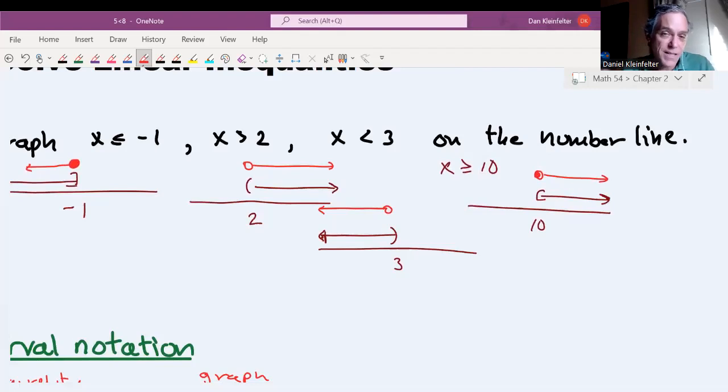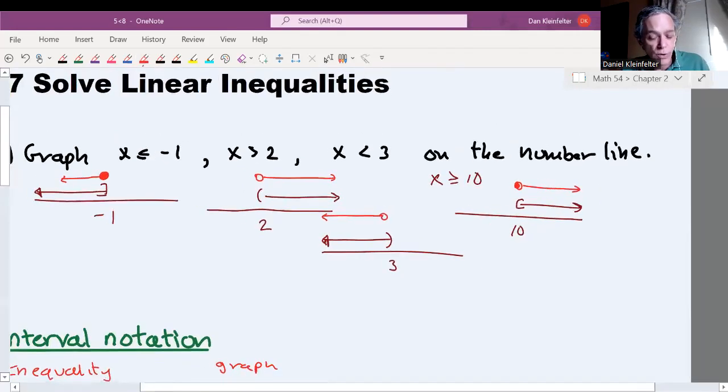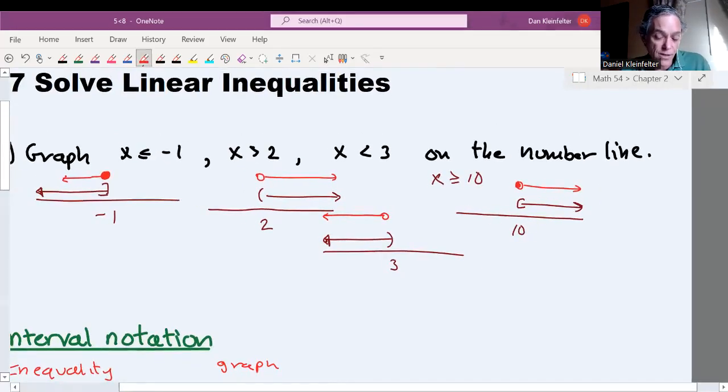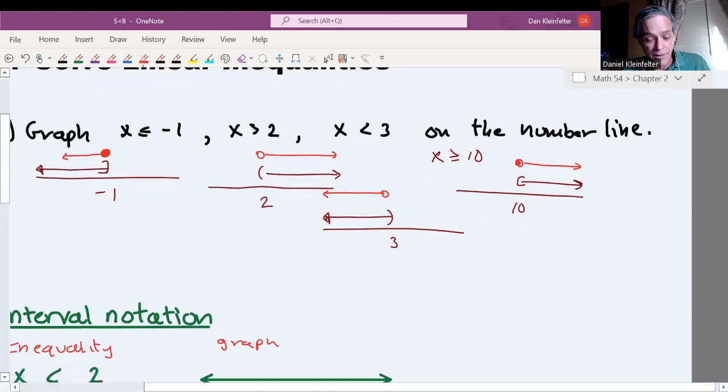These days, it's more common to use the square brackets and parentheses way of doing it. Either way, solid circle or square bracket means that the endpoint's included. Parenthesis or hollow circle means that that endpoint is not included.